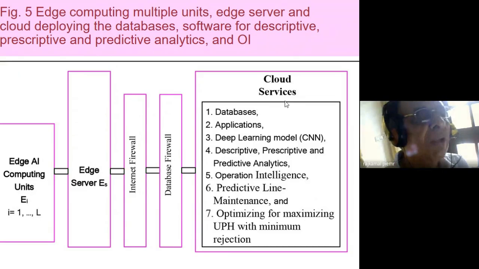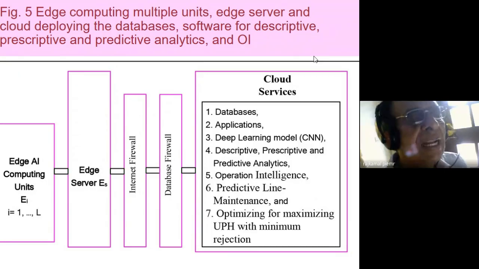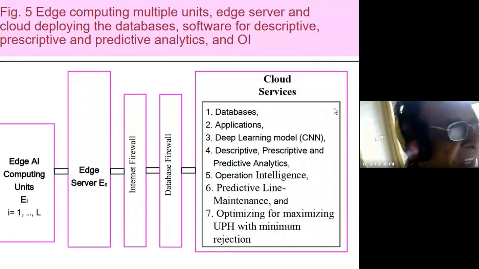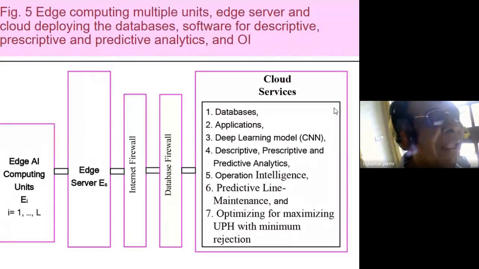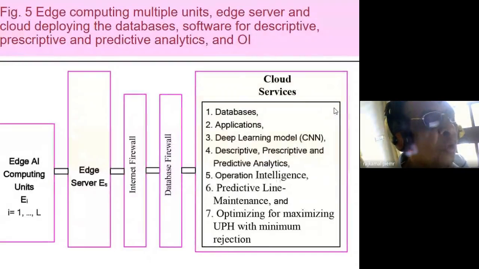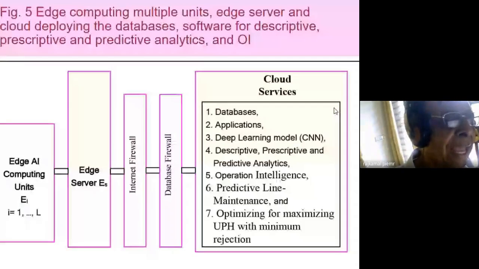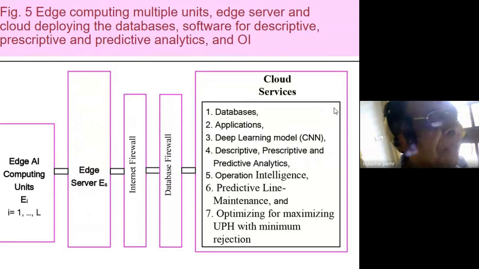One of the cloud services will be to prepare databases, because assembly line operations data and assembly line malfunctioning data all have to be stored for further analysis, so that you can improve the operational data using operational intelligence, that is using AI for the operations to maximize the UPH with minimum rejection of the mechanical parts.